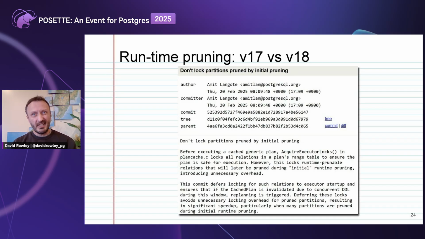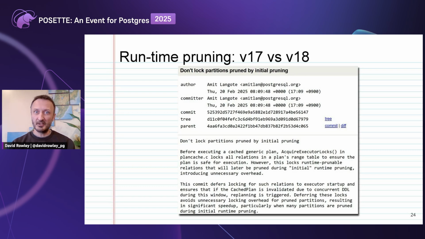But we were taking those locks before we did that runtime partition pruning. So if you had, for example, 1,000 partitions in a plan and you pruned all but one of those during execution, we'd still take 1,000 locks. That's now changed. We now do the runtime partition pruning before obtaining the locks on the partitions.